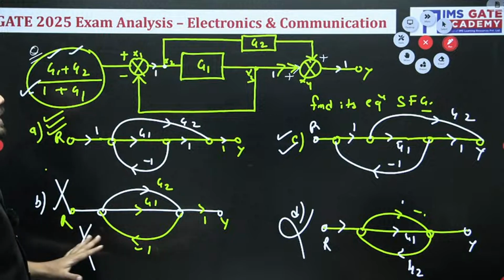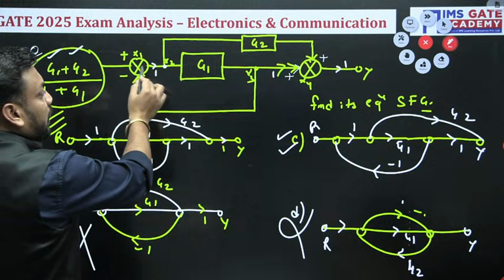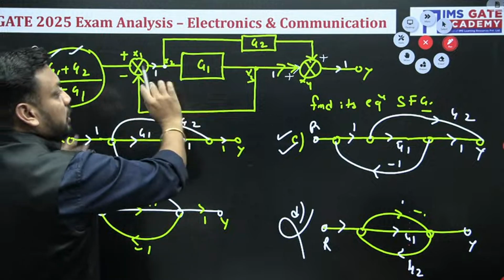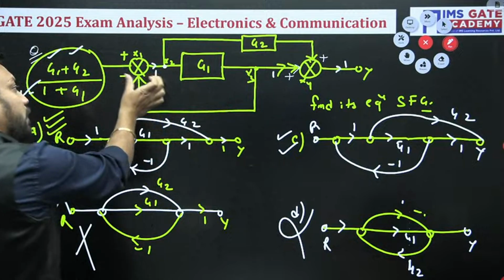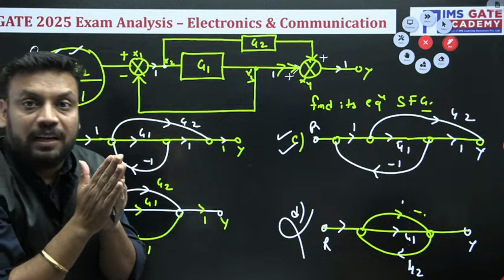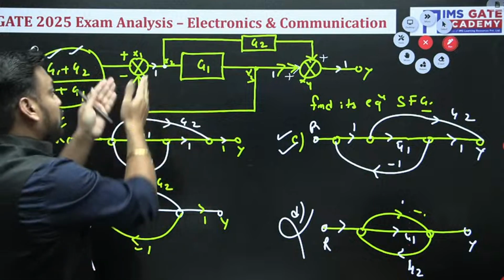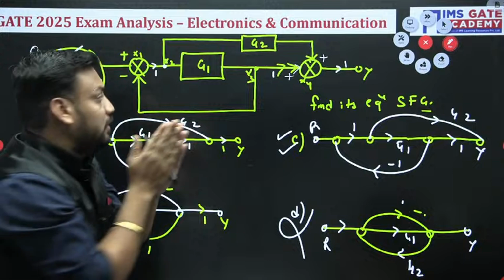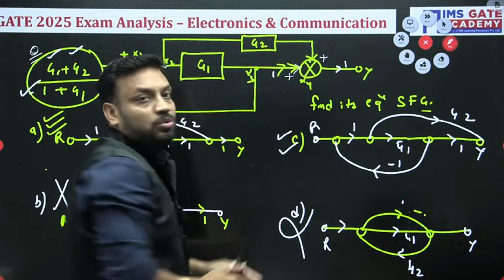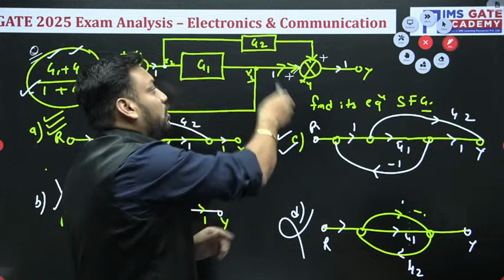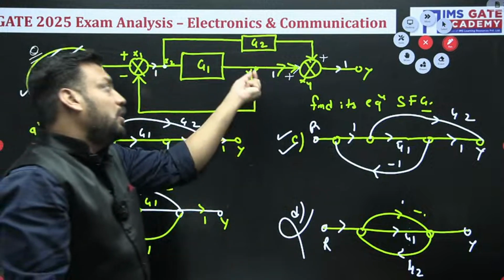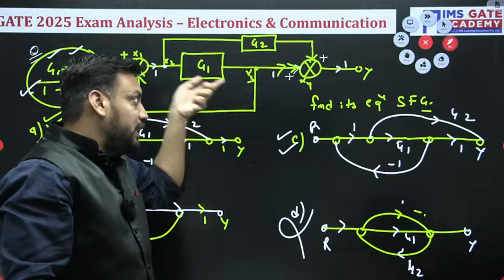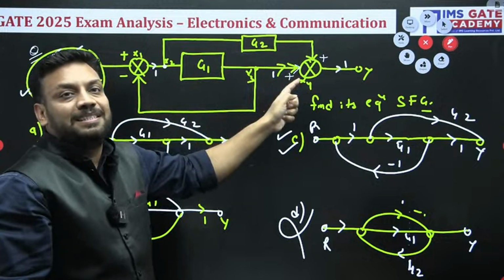In simple terms, in one diagram maybe X1, X2, X3 all nodes are there, and in one diagram these two nodes we can merge. It doesn't affect the result. But I cannot merge these two nodes because the direction is not allowed. And I told you the example also: take-off point and summing point, if it is in this order, take-off point, summing point, it is not allowed.